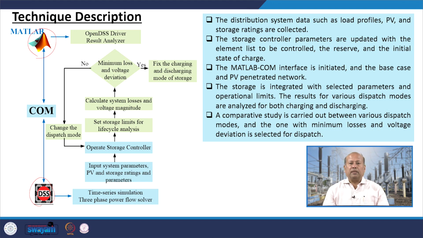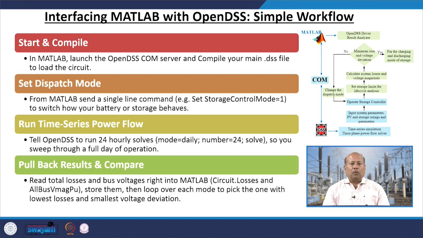The storage is integrated with the selected parameters and operational limits. The results for various dispatch modes are analyzed for both charging and discharging. A comparative study is carried out between various dispatch modes, and the one with minimum losses and voltage deviations is selected for the dispatch.